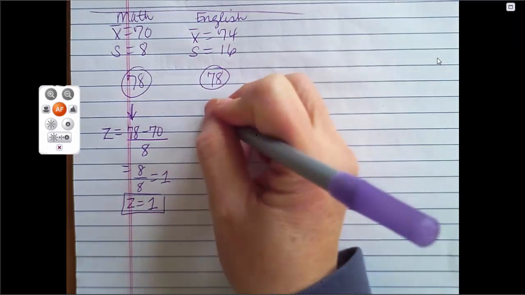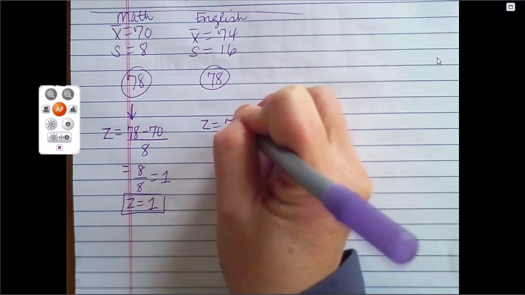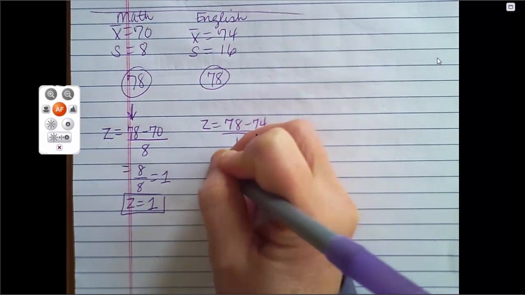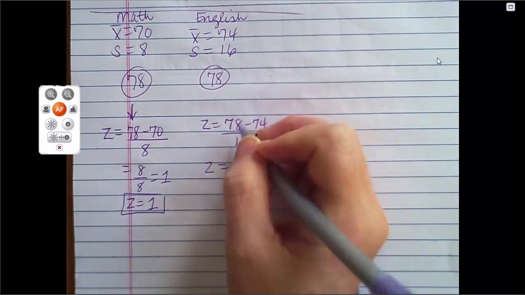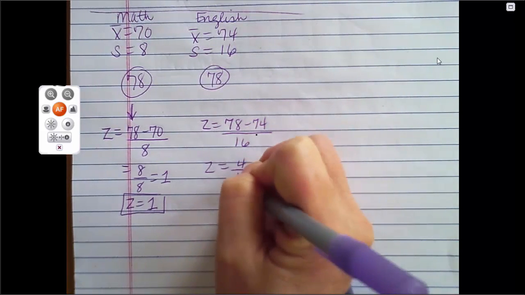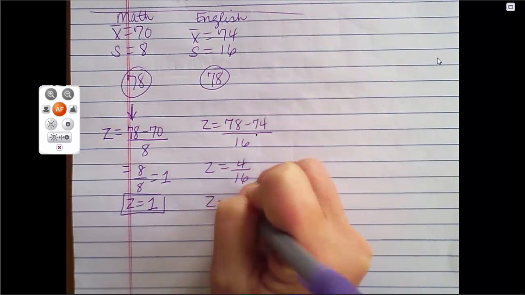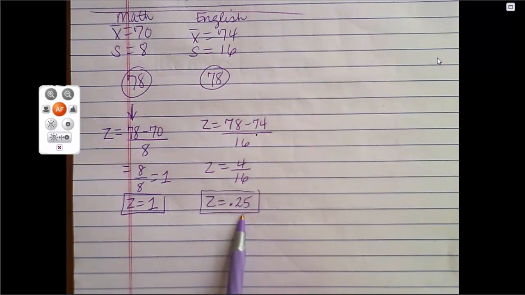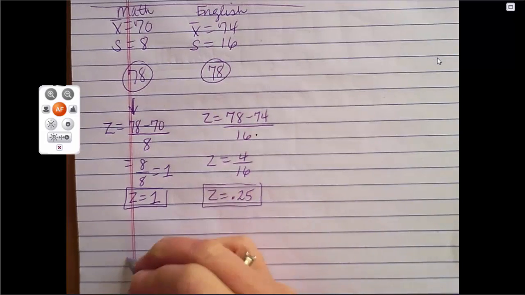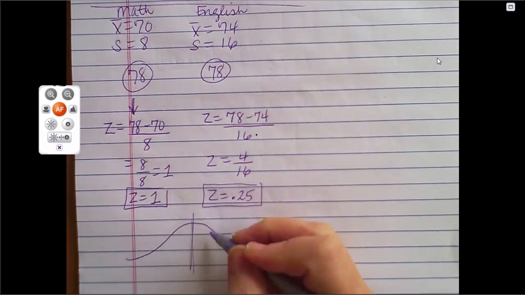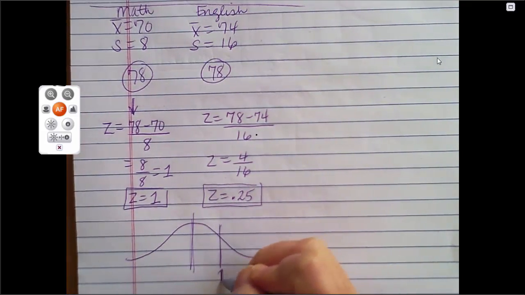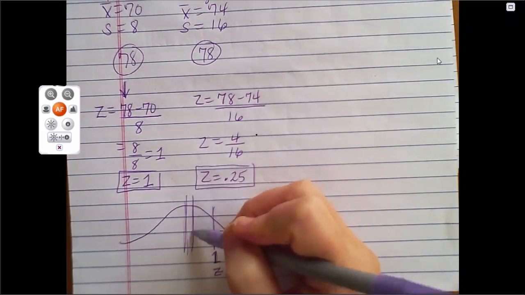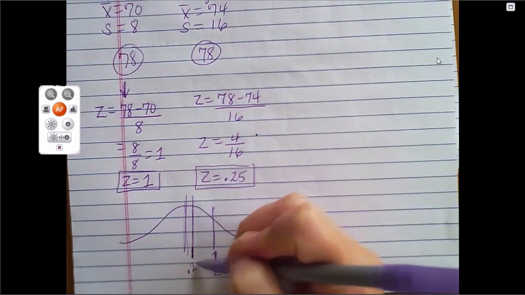In English, I have 78 minus 74 divided by 16. So in English, 78 minus 74 is 4 divided by 16. That's 0.25. So in English, my z-score was 0.25. So let's think about that. If you draw our normal model, 1 standard deviation above the mean's up here. That's a z-score of 1. 0.25 standard deviations above the mean is here, much closer to average.